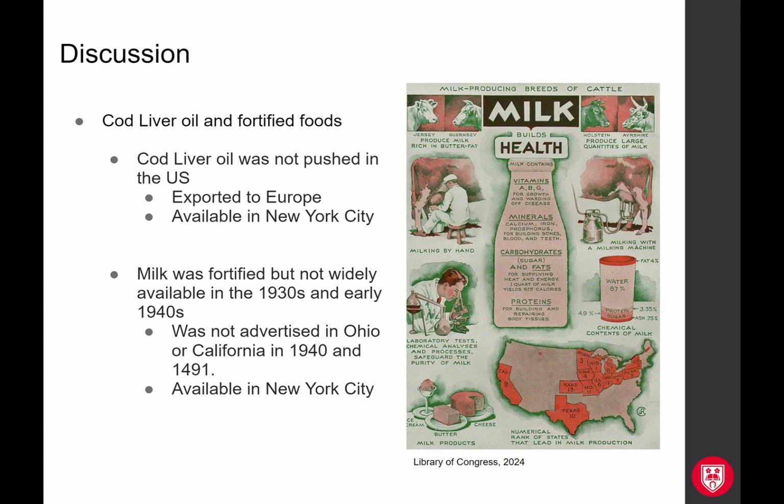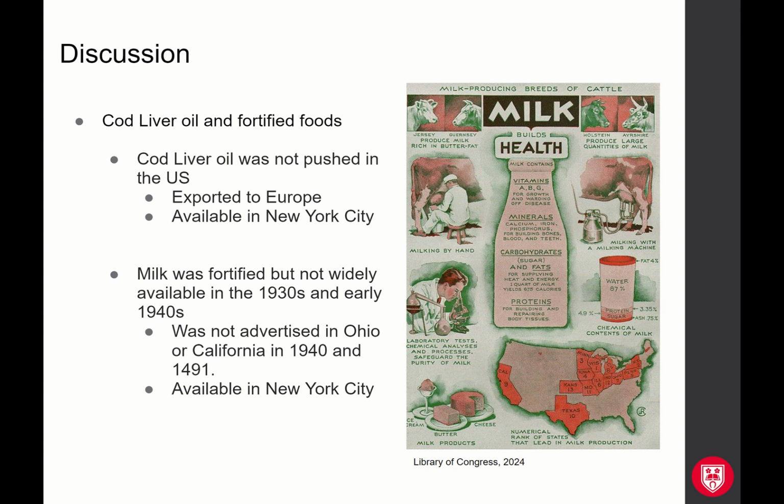Cod was caught by American businesses, but it was really focused on being extracted and sold to Europe for profit. There was evidence of cod liver oil being available in New York City through advertisements and various programs to decrease rickets, but it was not present in California or Ohio or any of the states around those regions. Which goes into milk fortification.